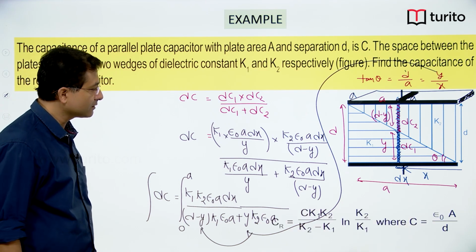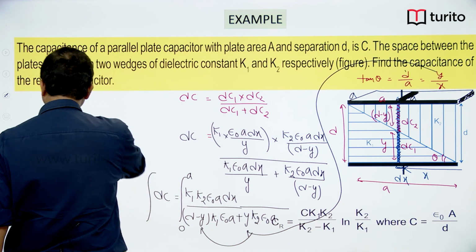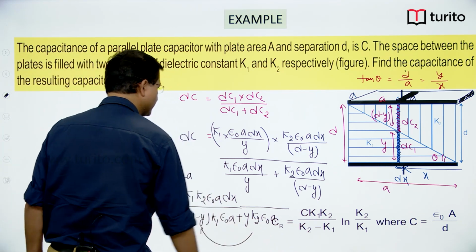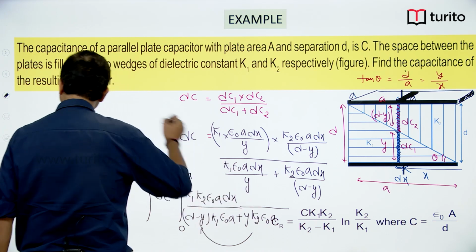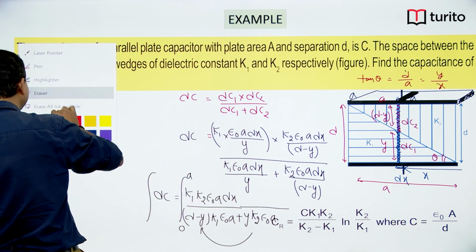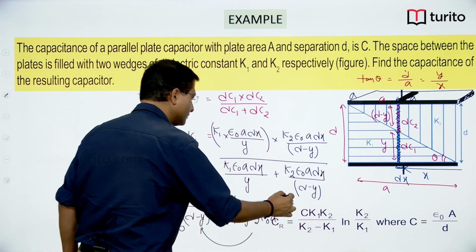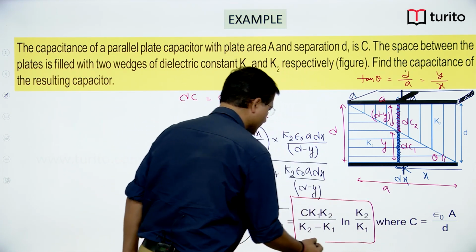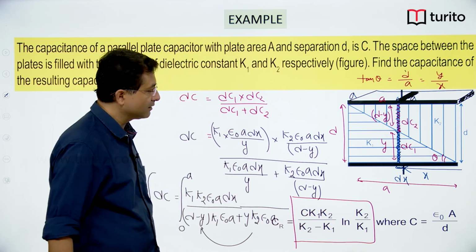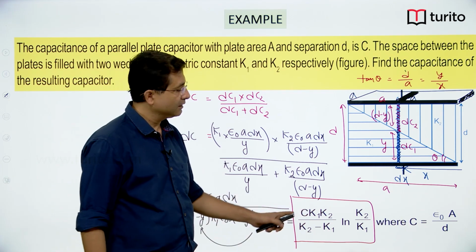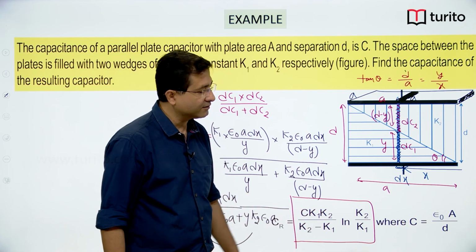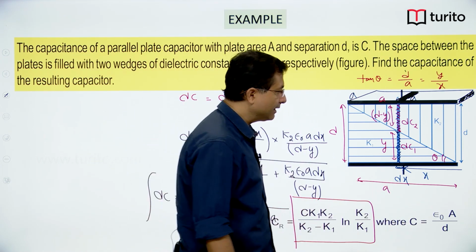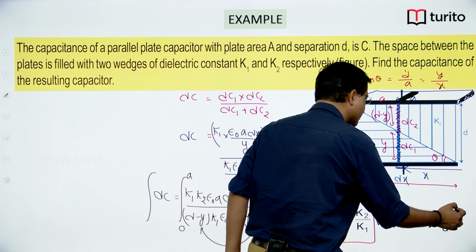After simplification we are going to get this as C equivalent, C K1 K2 divided by K2 minus K1, where C is epsilon naught A by D, and A is nothing but small a square.